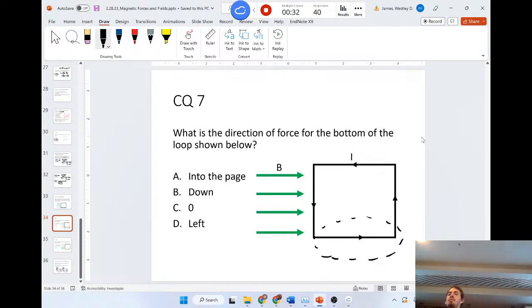For now, what's the force just on the bottom? Is it into the page? Is it down? Is it 0? Or is it to the left?